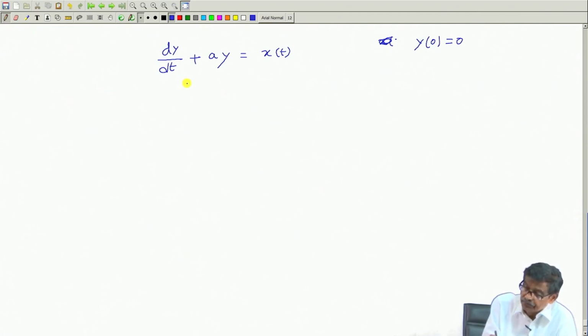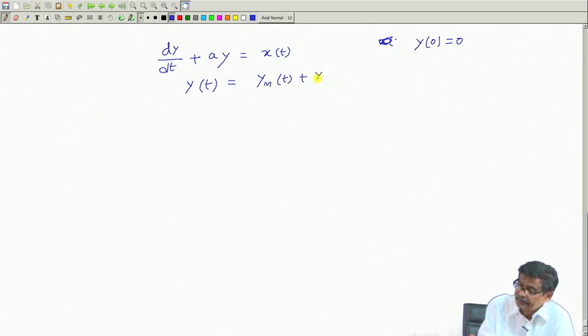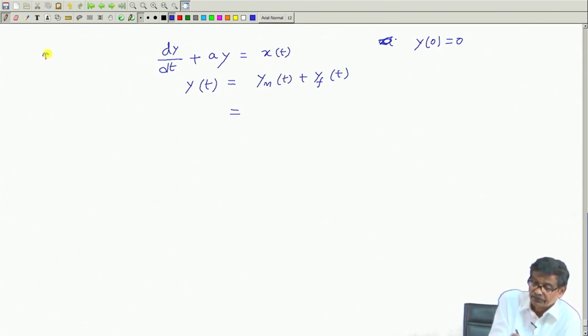And I told you, let me write it many times so that you understand. This solution consists of a natural part plus a solution due to the forcing function, which will depend on x of t alone, and the solution due to the natural response you get from the characteristic equation.